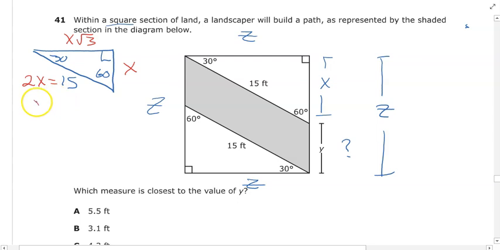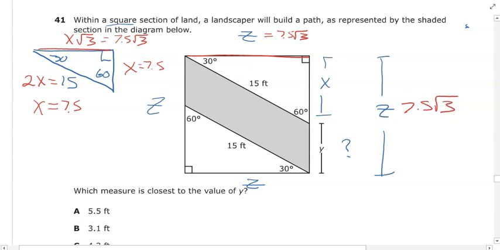So if I solve for x, I get x equals 7.5, and this is 7.5 root 3. So z, this side up here, is 7.5 root 3, and this piece is 7.5 square root of 3, and x we solved for was just 7.5.